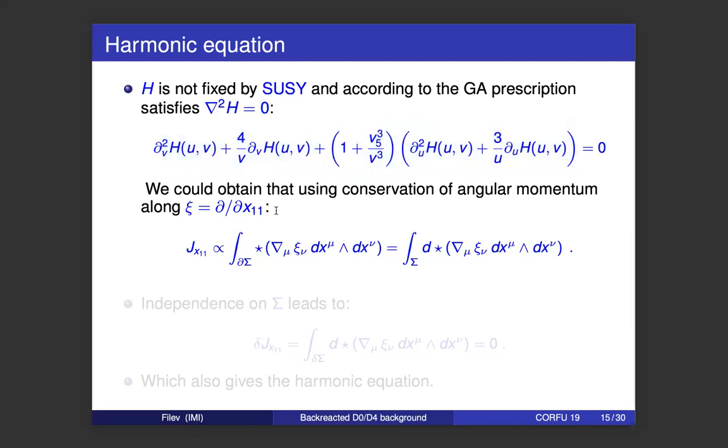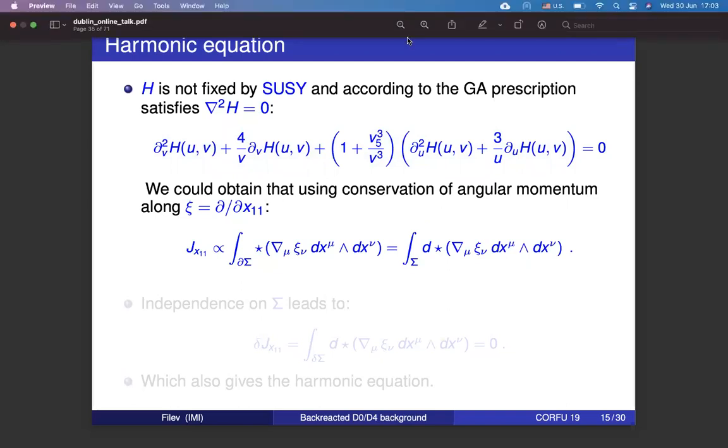There are delta function sources, aren't there? Hello? There are delta function sources which give the charges. Hello? Okay, I froze.